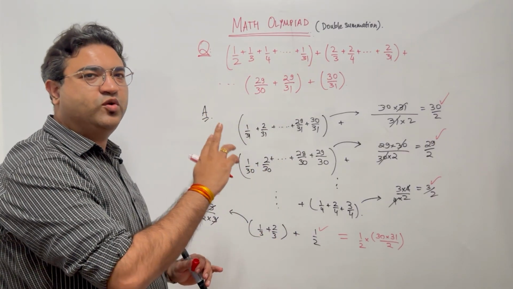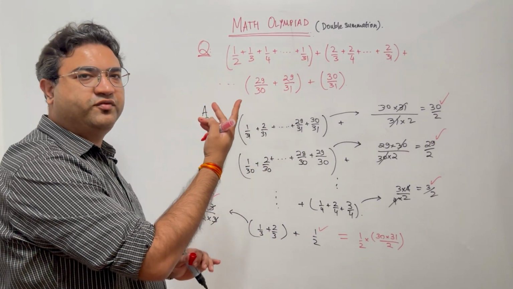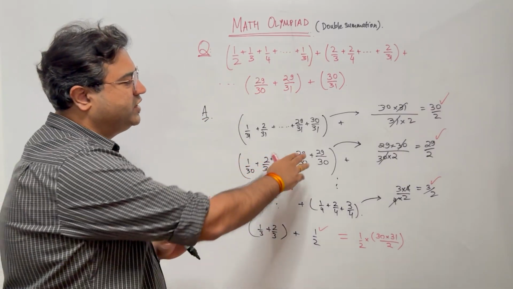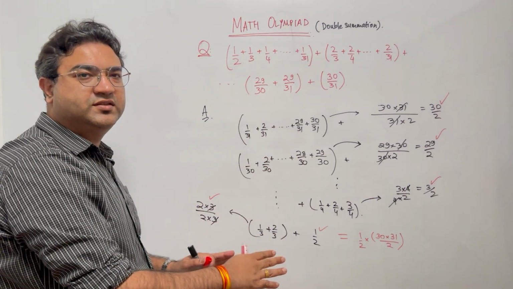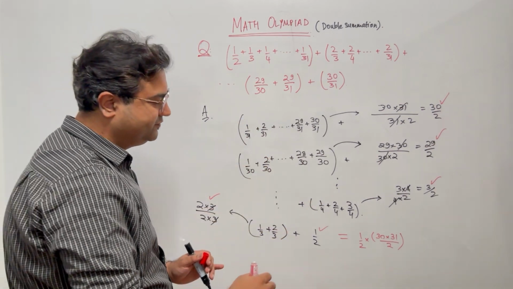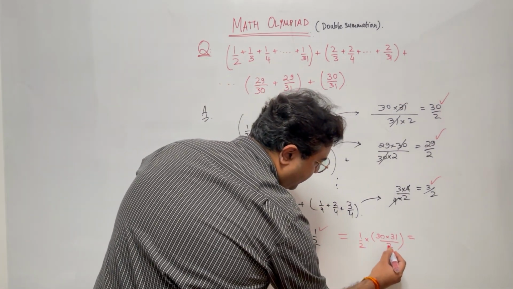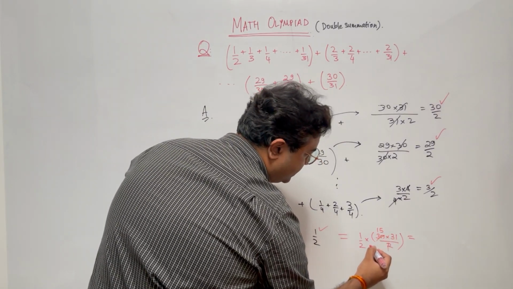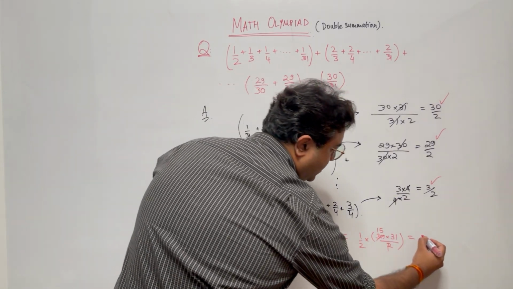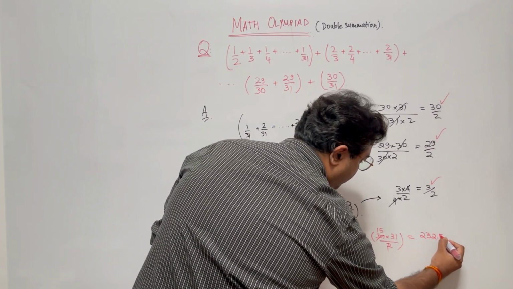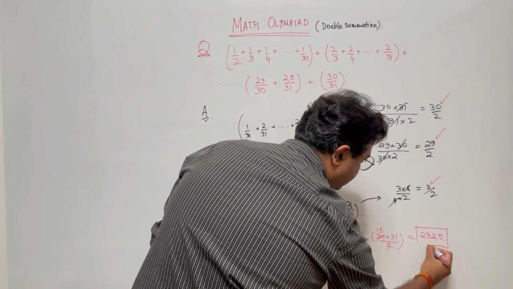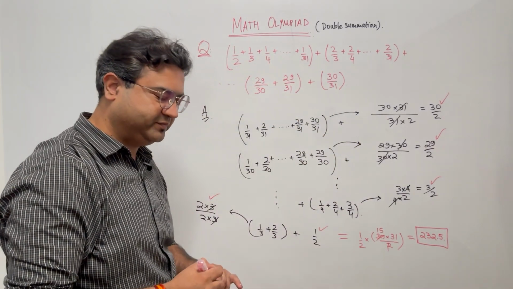Just by swapping the brackets so that you can have a common denominator solves this problem so easily. So this will be 15 into 31 by 2. So this is essentially 232.5, and that's our answer.